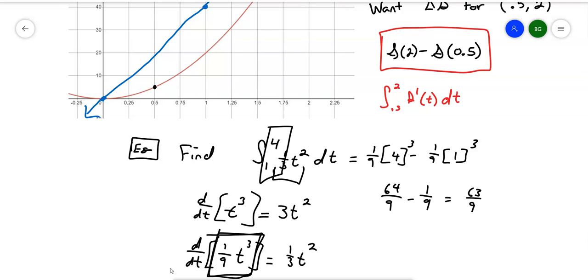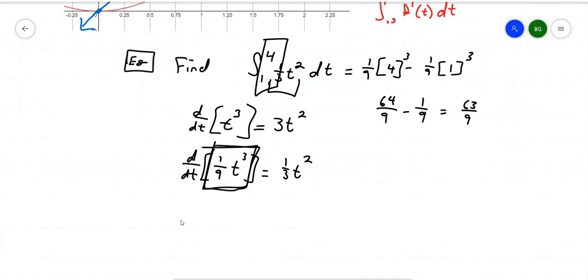So now let's talk about this really quickly in conjunction with the first fundamental theorem. The first fundamental theorem says this: if I take the derivative of an integral, I get the original function back.